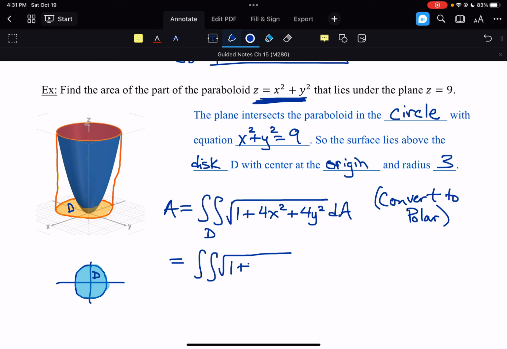So we get 1 plus this 4x squared plus 4y squared here. That's the same thing as 4 times x squared plus y squared. And x squared plus y squared in polar is just r squared. Okay, so that simplifies a little bit. And then we get r dr d theta out here.